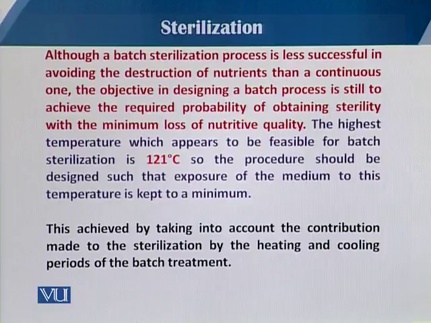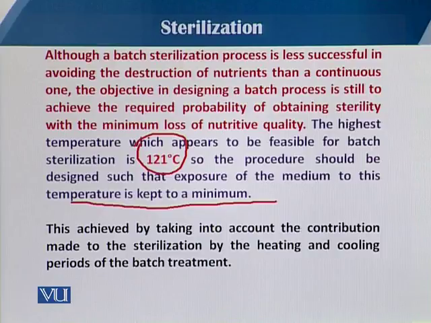So the objective in designing a batch process is still to achieve the required probability of obtaining sterility with minimum loss of nutrient quality. The highest temperature feasible for batch sterilization is 121 degrees Celsius. The procedure should be designed such that the exposure of the medium to this temperature is kept to a minimum.